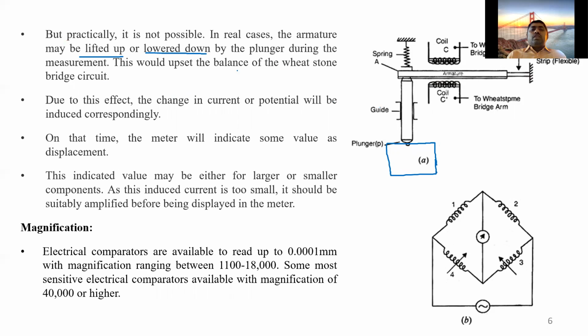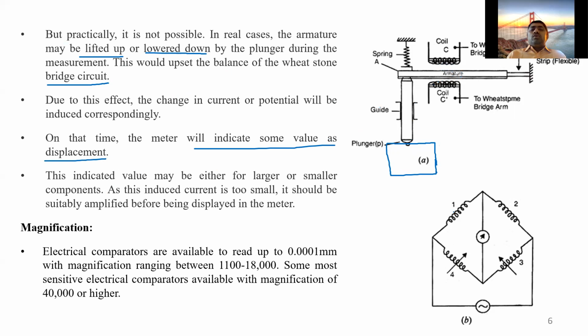So this would upset the balance of the Wheatstone bridge circuit. Due to this effect, the change in current or potential will be induced correspondingly. At that time, the meter will indicate some value as a displacement.